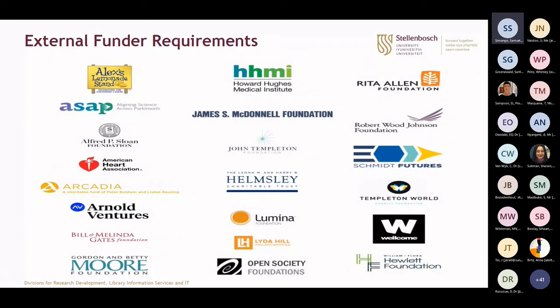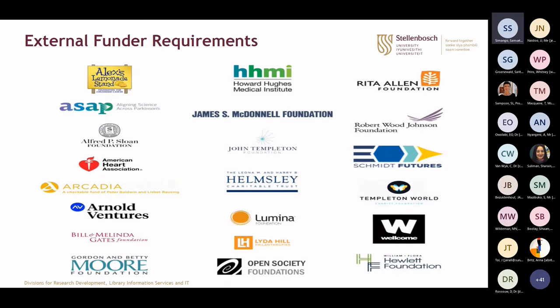Now, the first thing that I want to start off with is the external funder requirements, which researchers need to keep in mind. The RDM regulations do stipulate that where there are some kind of conflicts between the contents of the regulations on the one hand and funder requirements, the funder requirements actually take precedence.